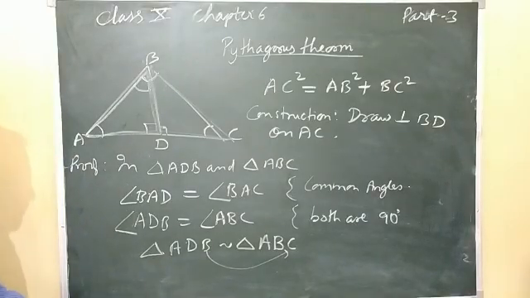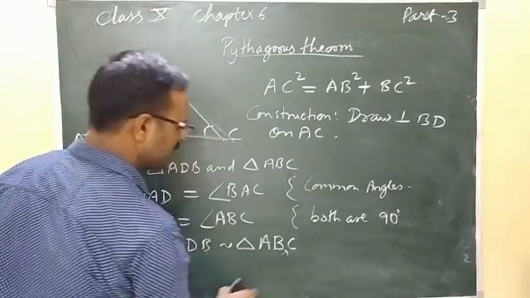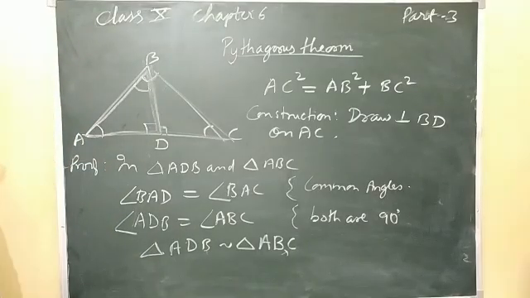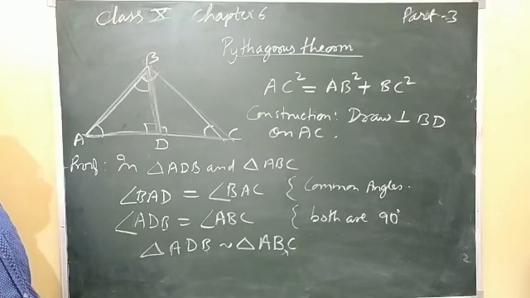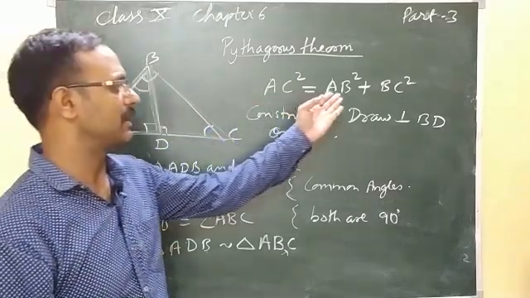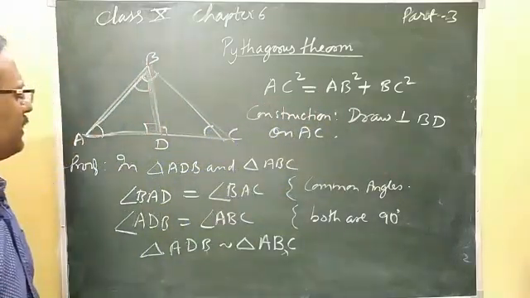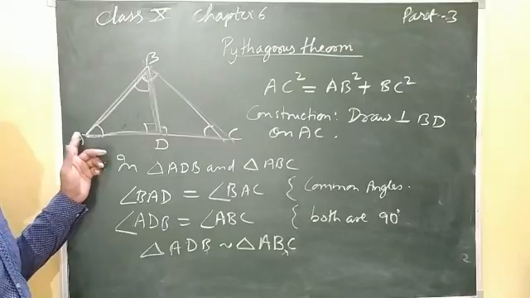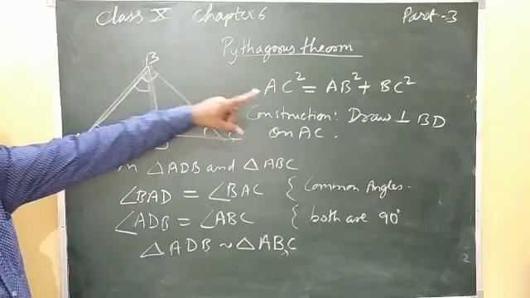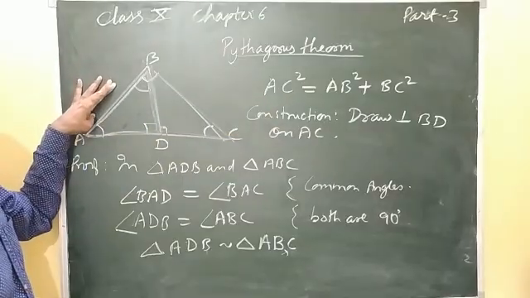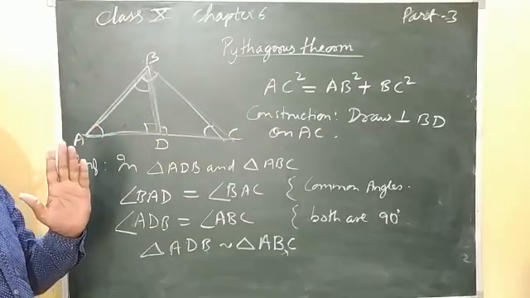So we are going to use the property of similar triangles, that if two triangles are similar, their corresponding sides are in ratio. Now, what are the sides which we require? We require AC, we require AB, we require BC. So ultimately we will require this AC, but we can see that AB is squared, so it should come twice.